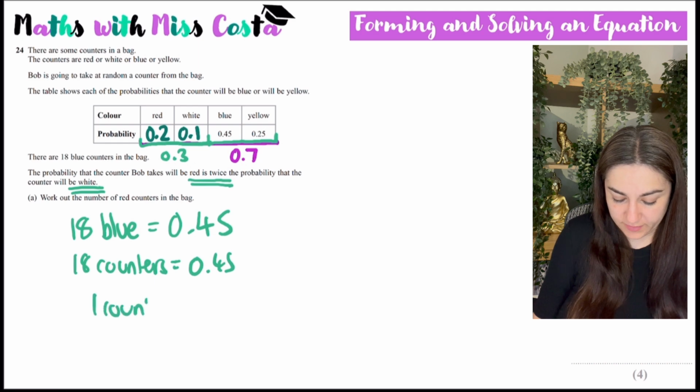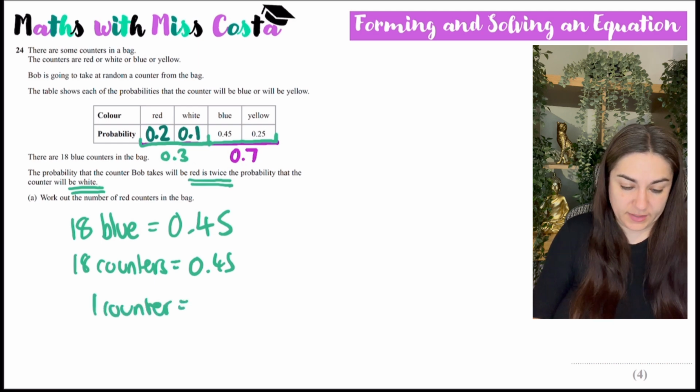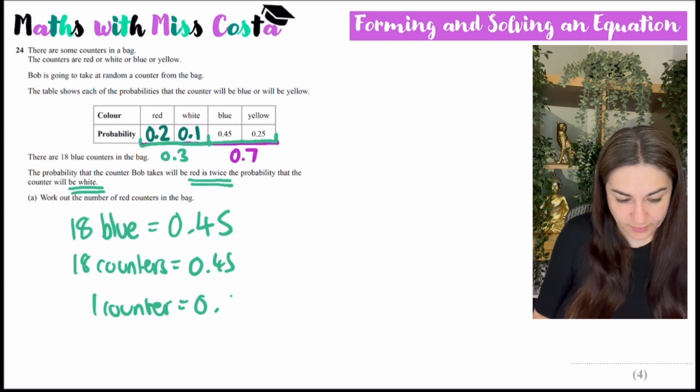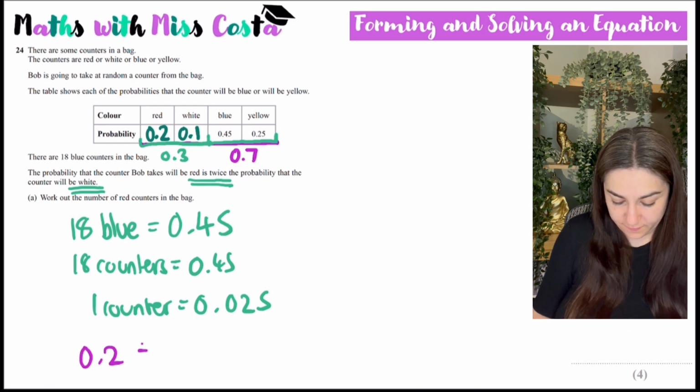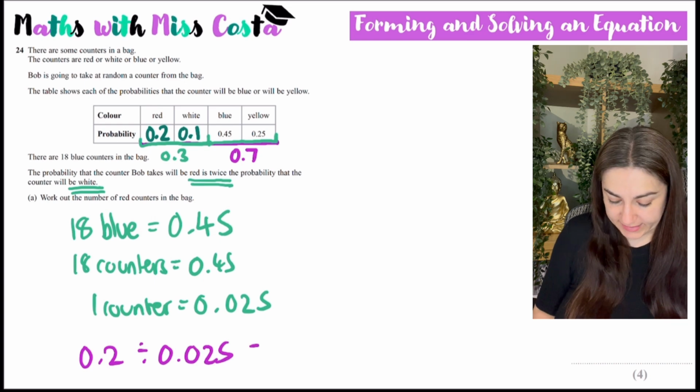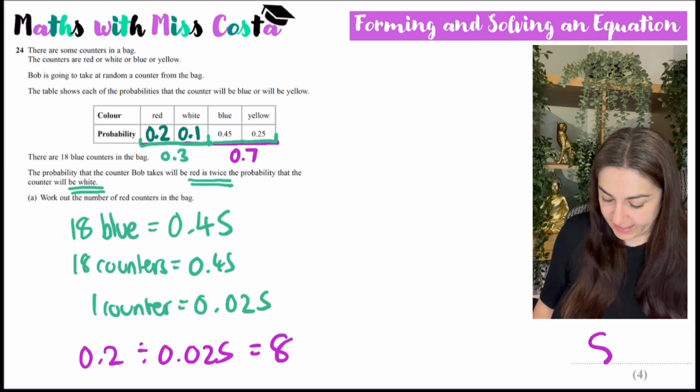So one counter, if I divide 0.45 divided by 18, is 1 over 40, which is 0.025. So how many lots of 0.025 fit into 0.2? I could do 0.2 divided by 0.025, which is 8. So there's 8 red counters.